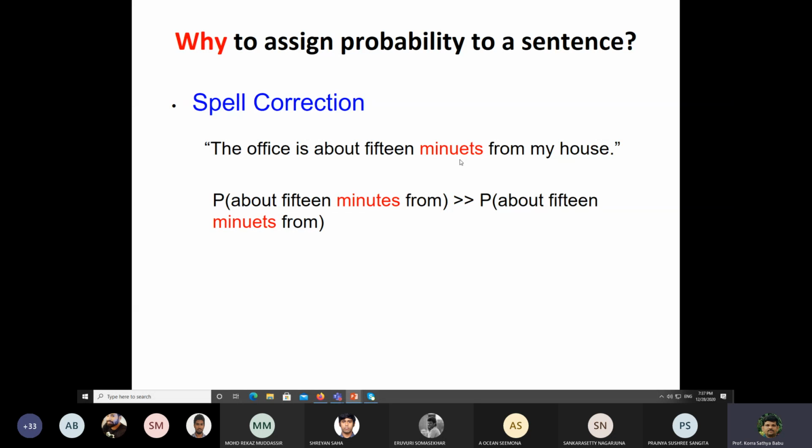See, about 15 minutes from: the probability of a sentence having about 15 minutes from is much greater than the probability of a sentence having about 15 minuets from. This is the meaning I intend to convey. Are you getting me? Yes, sir.